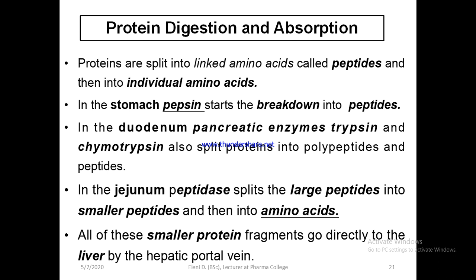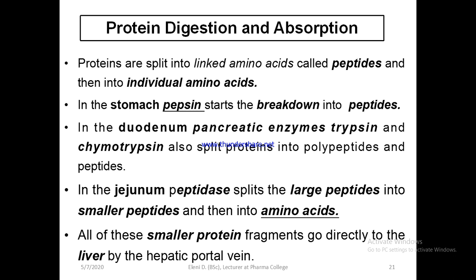In the jejunum, the middle part of the small intestine, an enzyme created by the small intestine called peptidase splits the large peptides into smaller peptides and then into amino acids. All of the smaller protein fragments go directly to the liver by the hepatic portal vein.